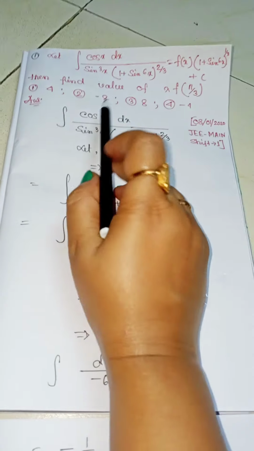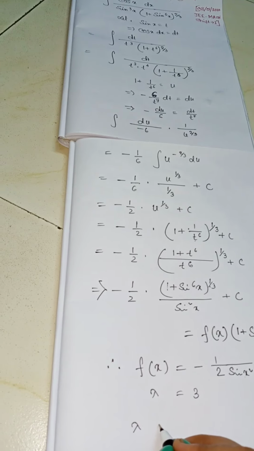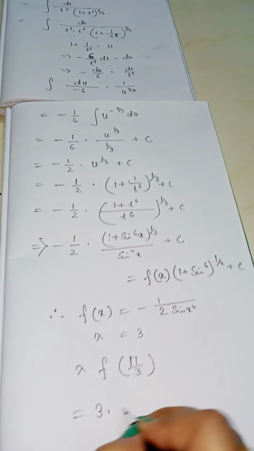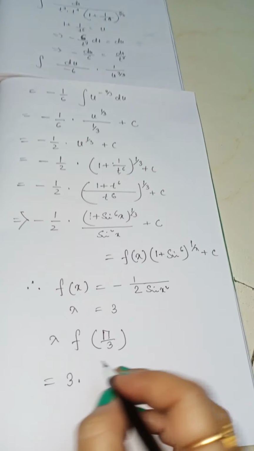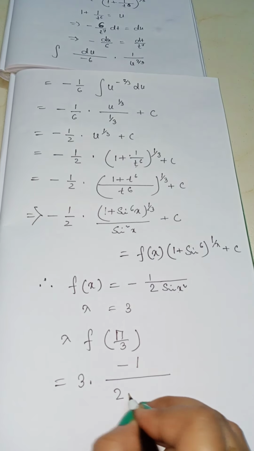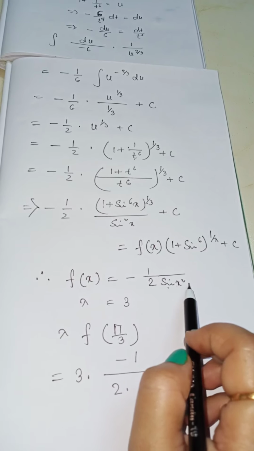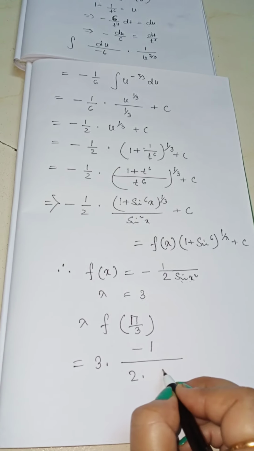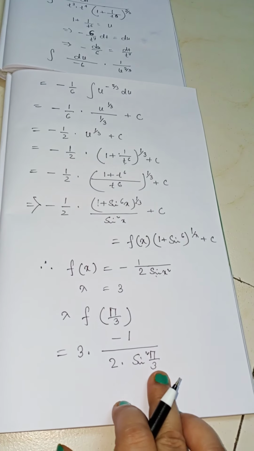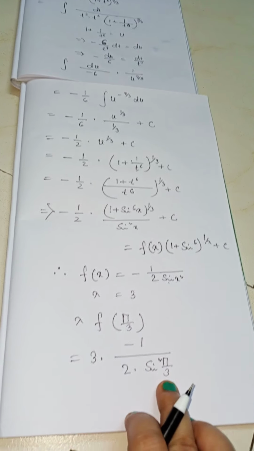So the question asks to find the value of lambda into f of pi by 3. We know lambda is equal to 3, and f of pi by 3 is equal to minus half into sin square of pi by 3. We know sin pi by 3 is root 3 by 2, so its square is 3 by 4.